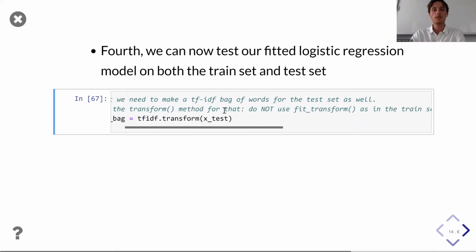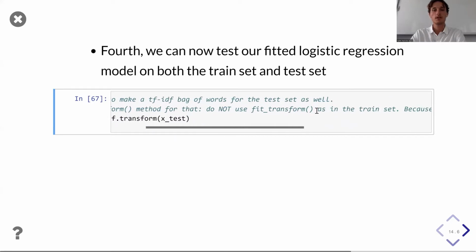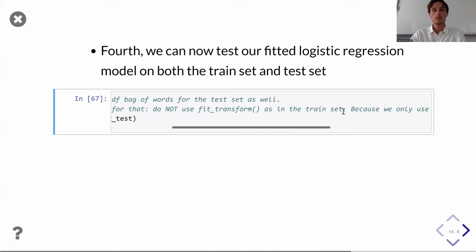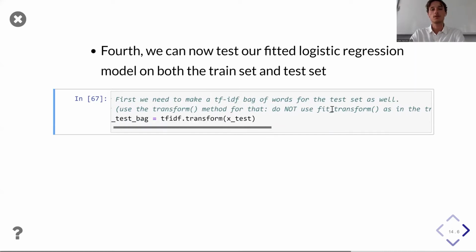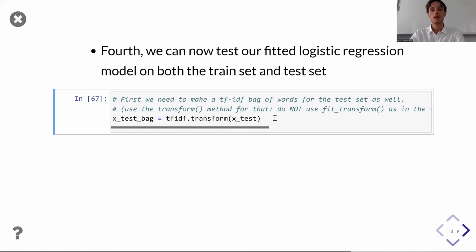Remember not to use the fit_transform method as in the train set, because we will only use the words from the train set to fit our model. There might be more words in the test set that we don't see in the train set, but we will not use those. So use the transform method.